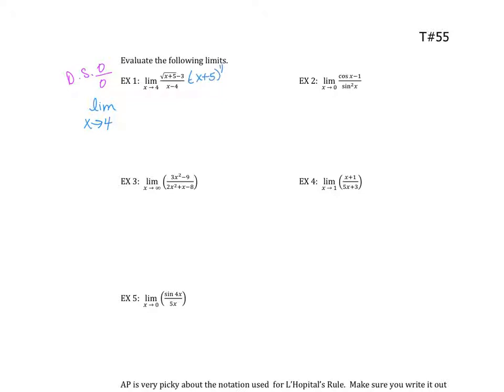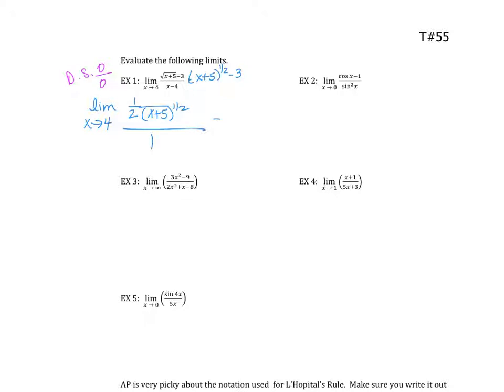I'm going to think of that numerator that way. So power to the front, decrease the power by 1 would be x plus 5 to the 1/2, that's the derivative of the top, over 1.